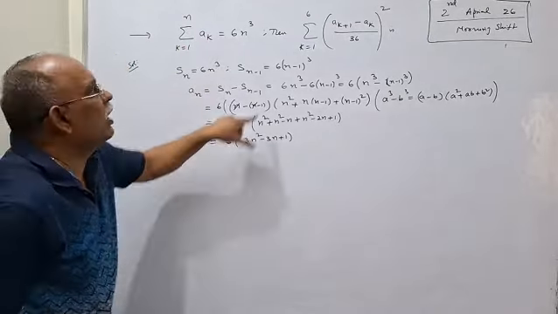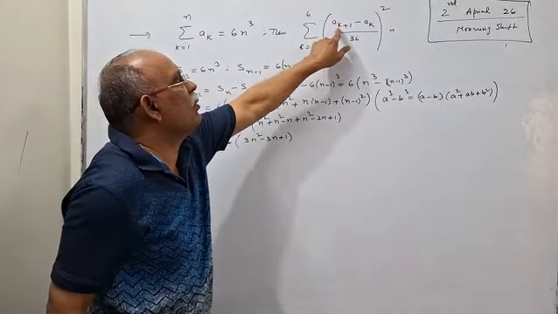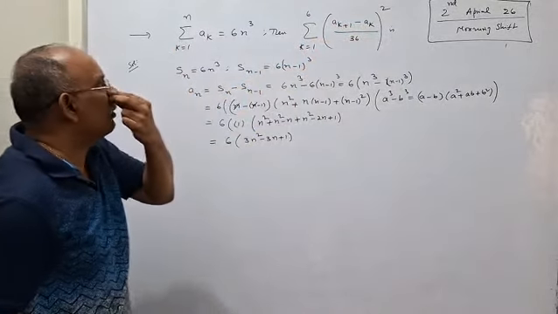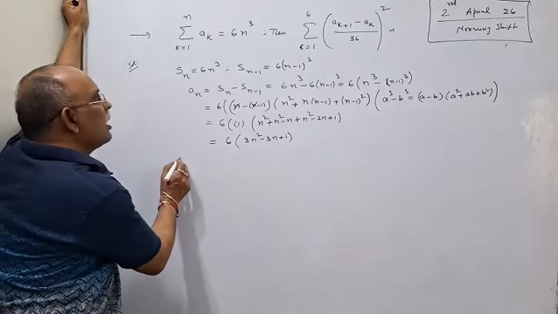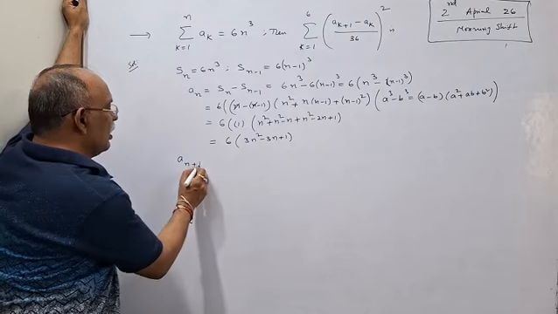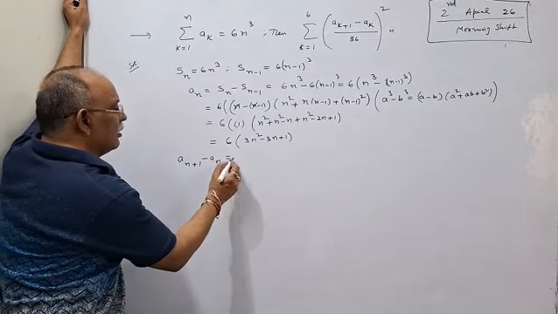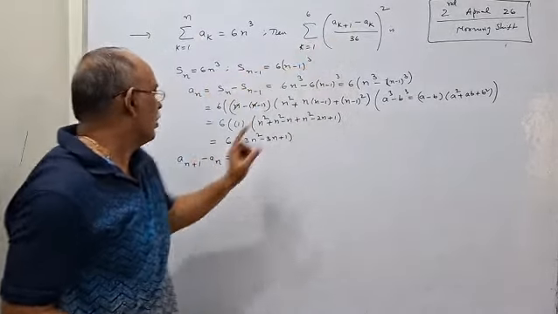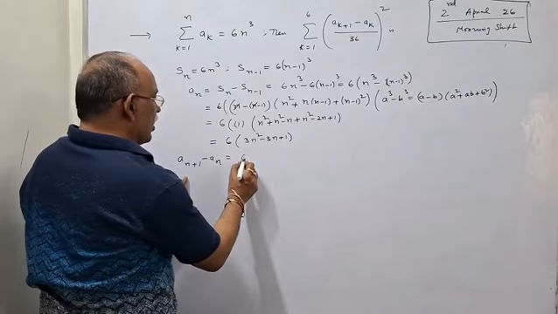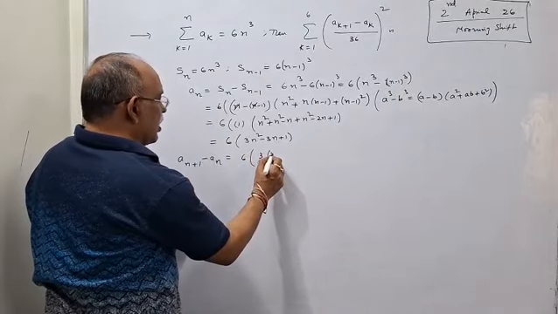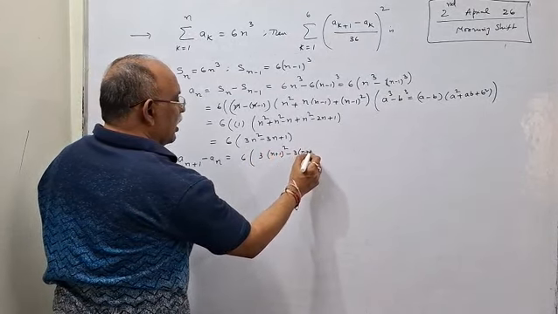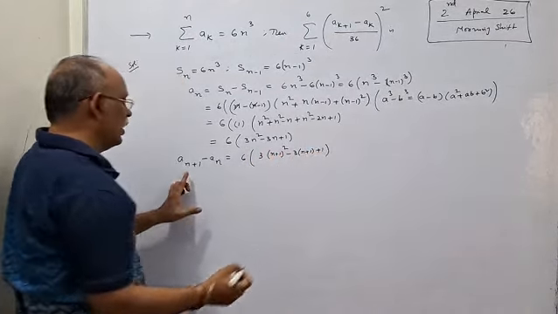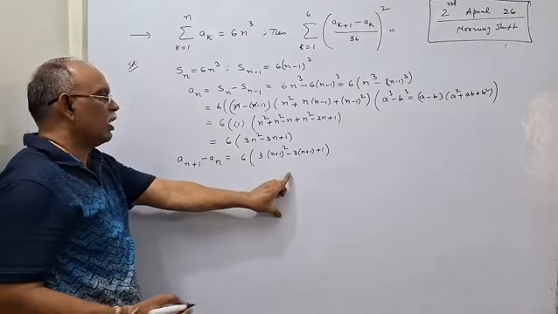An. Now what is the problem? You need ak plus 1 minus ak. That means in place of k, if I expect an, then what is an plus 1 minus an? To find this value, you write like this. Then what you get? 6 into 3 times n plus 1 whole square minus 3 times n plus 1 plus 1. That is an plus 1 term.